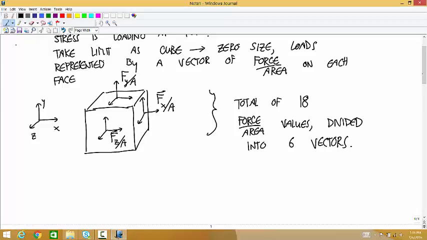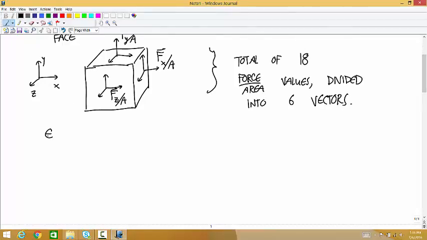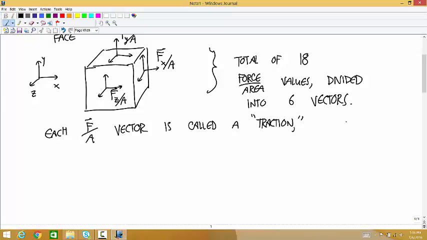Each one of these vectors is called a traction. So it's called a traction, and it represents the loading on one face of the cube.